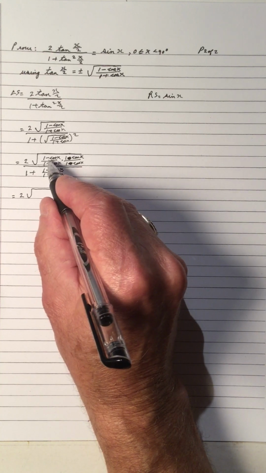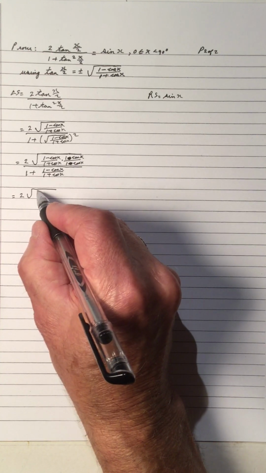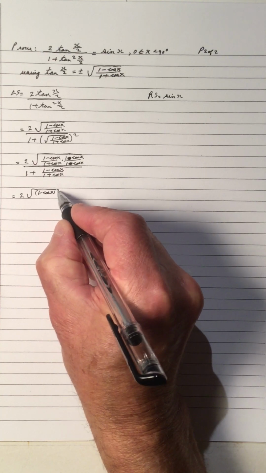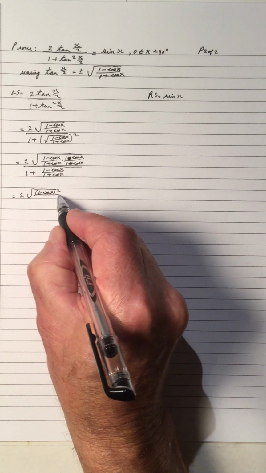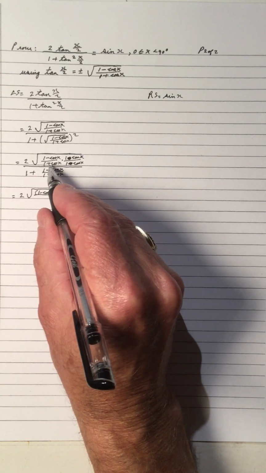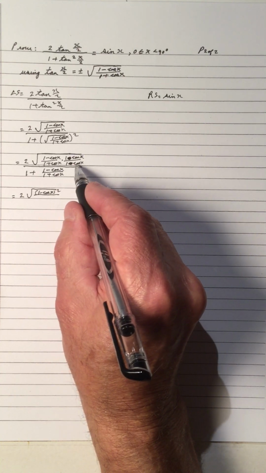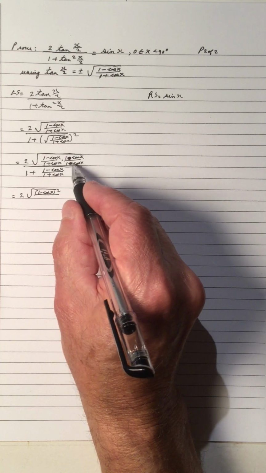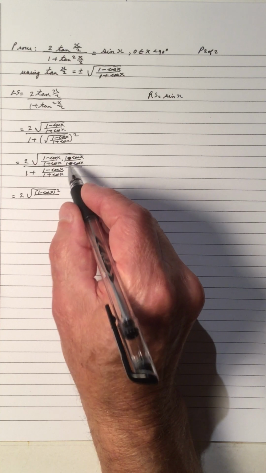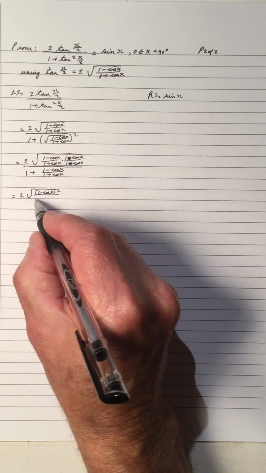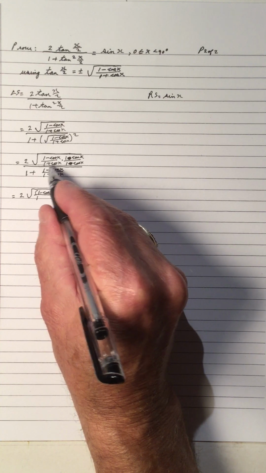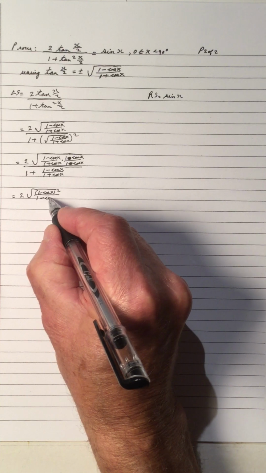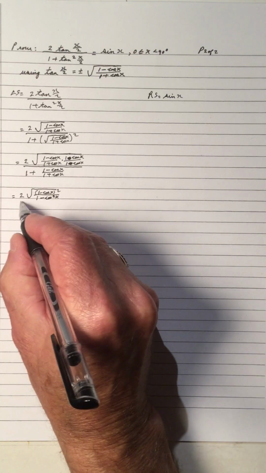Now, 1 minus cos x times 1 minus cos x is (1 minus cos x) squared. And when we multiply the denominator, 1 plus cos x times 1 minus cos x, that's like multiplying a plus b times a minus b, and we get the difference of two squares: 1 times 1 is 1, positive times a negative is a negative, and cos x times cos x is cos squared x.